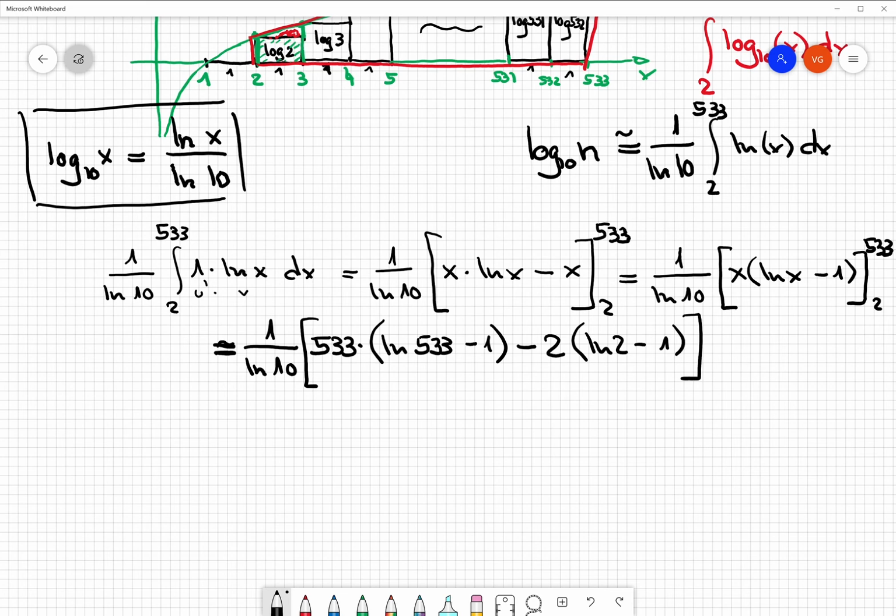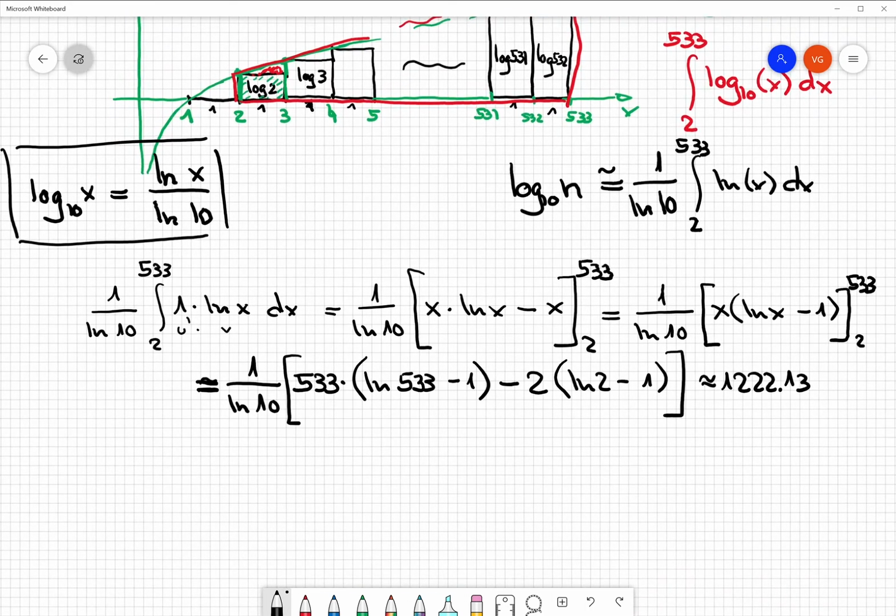We could simplify slightly, but not considerably. If we type this in, unfortunately I have forgotten to do that. Give me a second, please. Minus 1 minus 2 times the ln of 2 minus 1, and all of this divided by ln 10. What I get is approximately 1222.13. Well, this is a very rough estimate, so let's focus on the integer part.